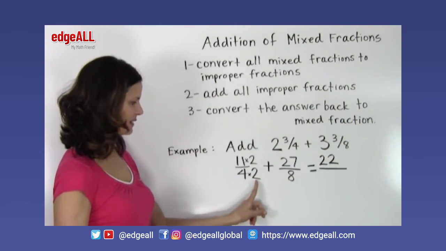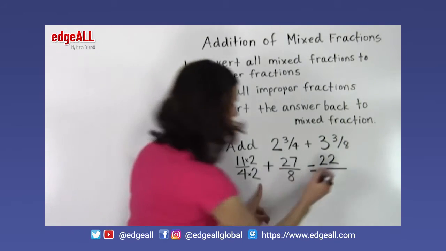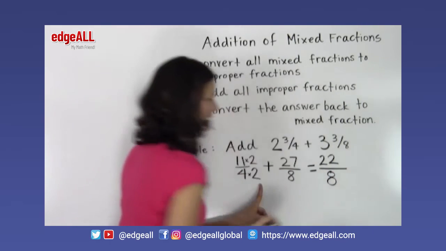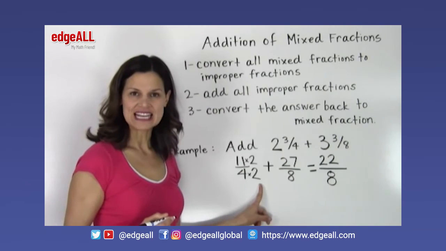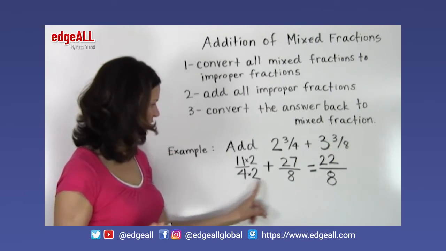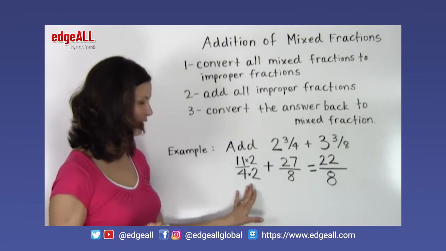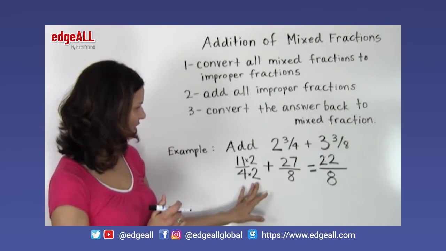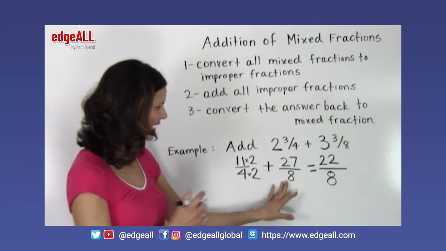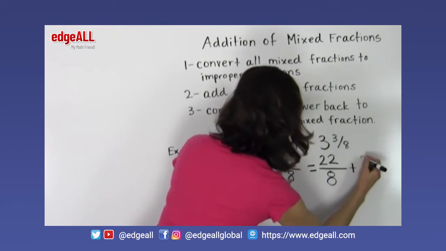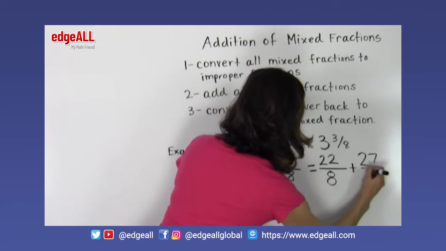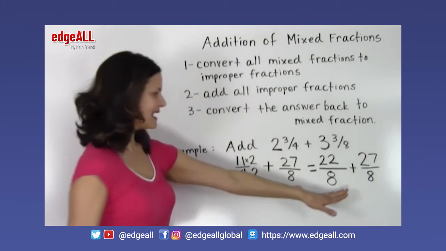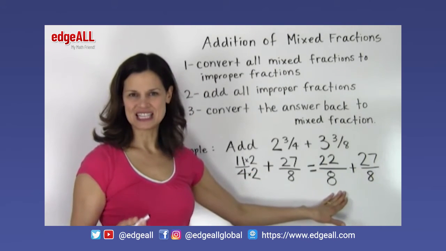And then 4 times 2 is 8 in the denominator, and that's the number that we wanted there. That least common multiple of 4 and 8 is 8. So I've now forced this first fraction to have a denominator of 8. And then I add the second term here, 27/8. And now I have a very simple addition problem.